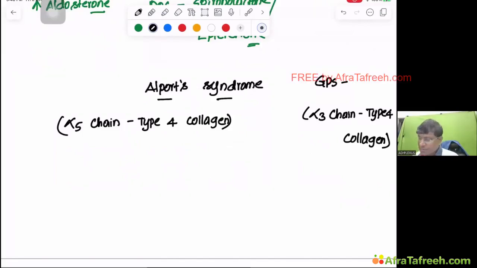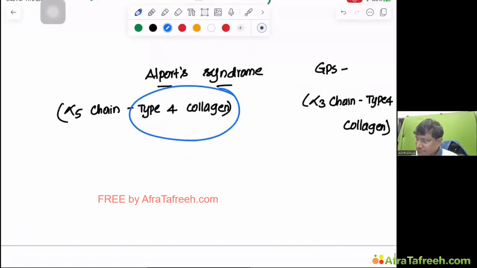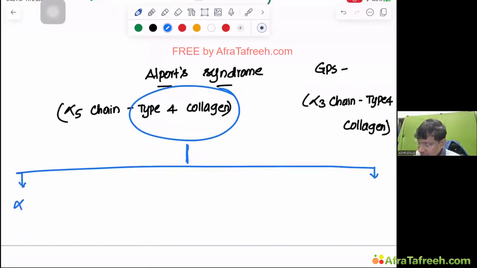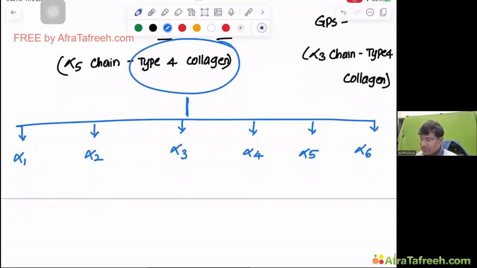The defect is in type 4 collagen. But in this type 4 collagen, you have totally 6 chains. That is alpha 1, alpha 2, alpha 3, alpha 4, alpha 5, alpha 6. There are totally 6 alpha chains.